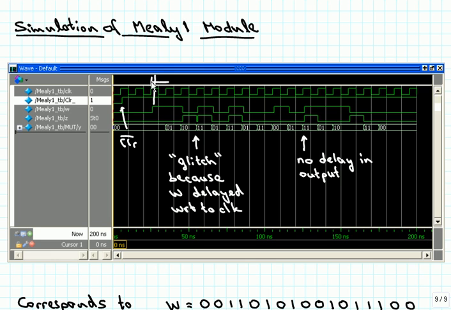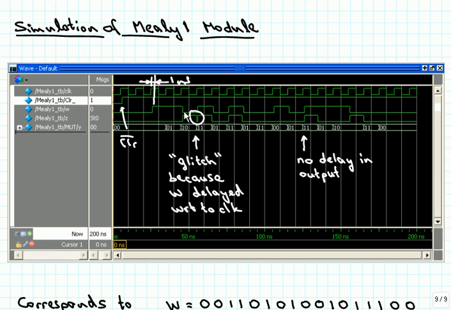And we did that so that we do not have a change in W at exactly the time when we have a change in the clock, just to make sure that there is no ambiguity as to what the value of W is. But that leads to this little spike that we can see here, because we are producing the output C on the fly based on what the current input W is and what the current state is.